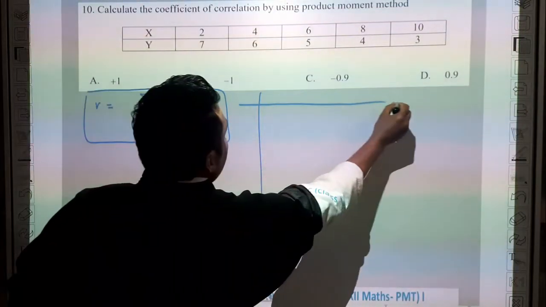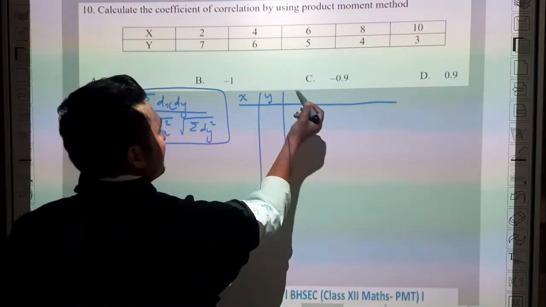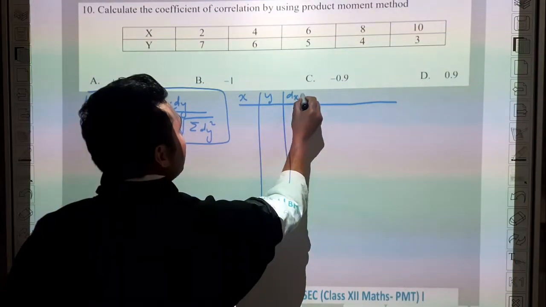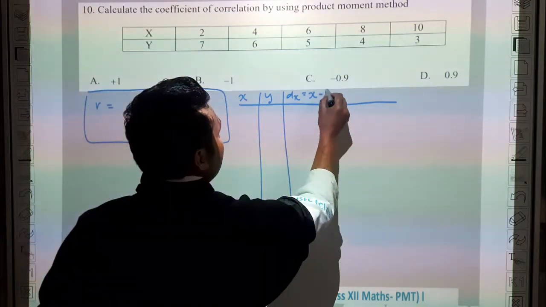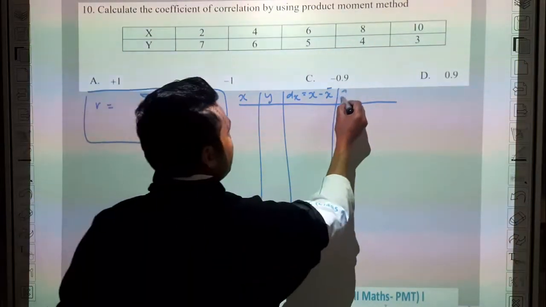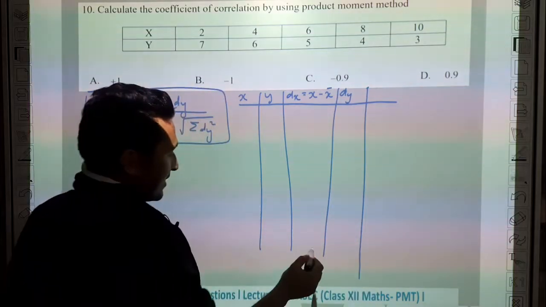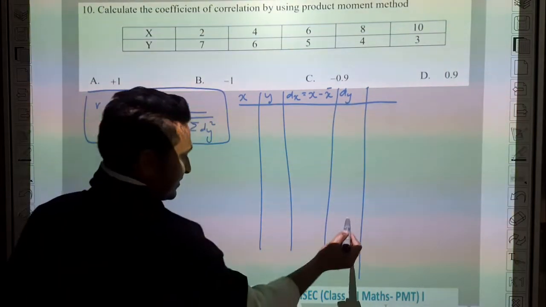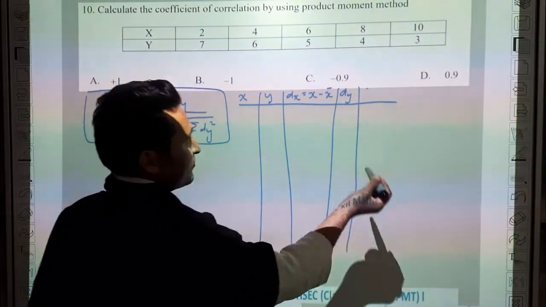So here we have x, y. Now here we need dx. So dx is nothing but x minus x bar, meaning mean of the x series, and dy is similarly y minus y bar. To save this space, I am not writing that one.